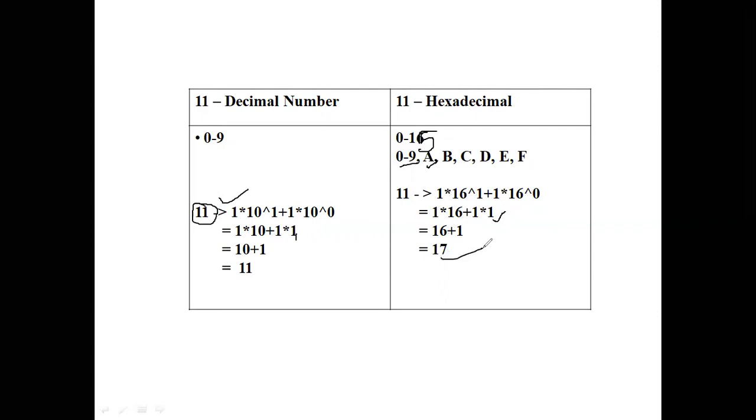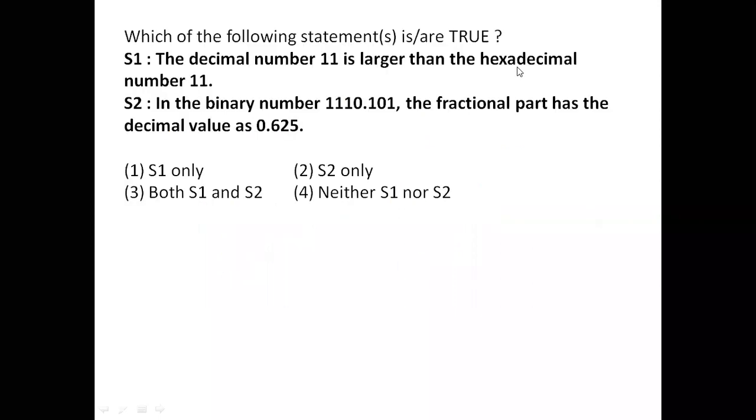So it will be 17. One term is telling 11, the other term is referring to 17. What was the statement provided to us? They gave us the statement that the decimal number 11 is larger than the hexadecimal number 11.